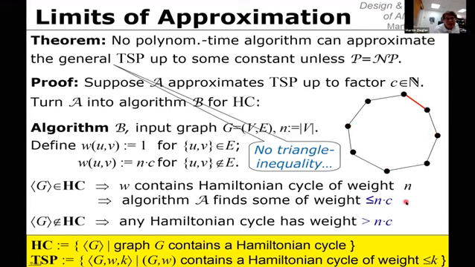In the second case, when the original graph does not have a Hamiltonian cycle, then any traveling salesperson tour is a Hamiltonian cycle, right?